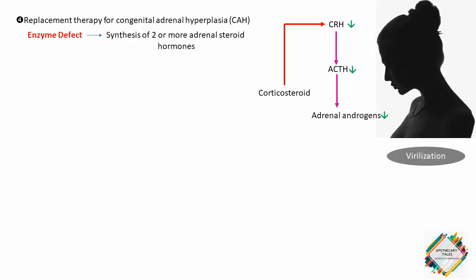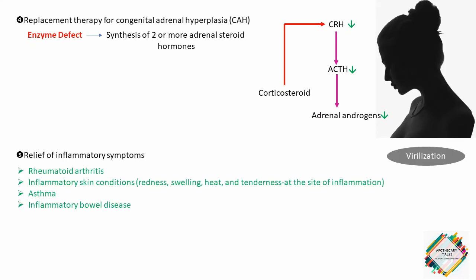Next, it is used for the relief of inflammatory symptoms. Corticosteroids significantly reduce the manifestations of inflammation associated with rheumatoid arthritis and inflammatory skin conditions, including redness, swelling, heat and tenderness that may be present at the site of inflammation.